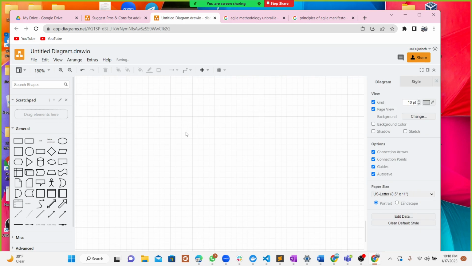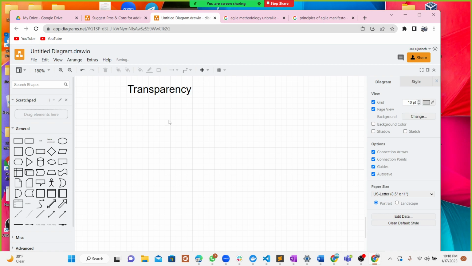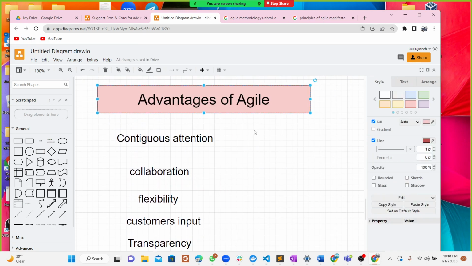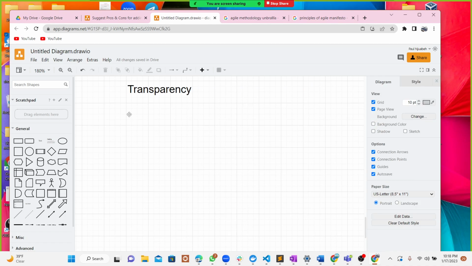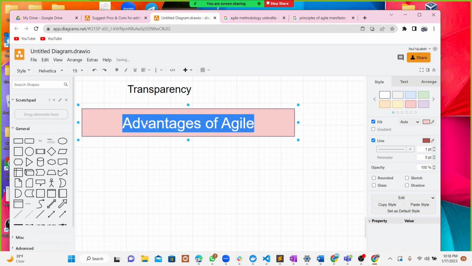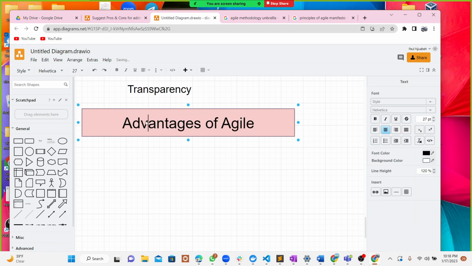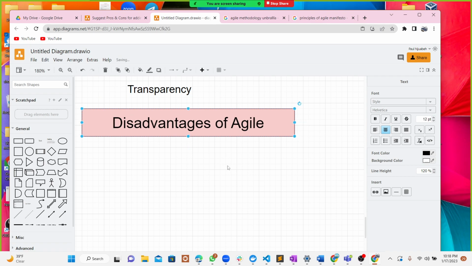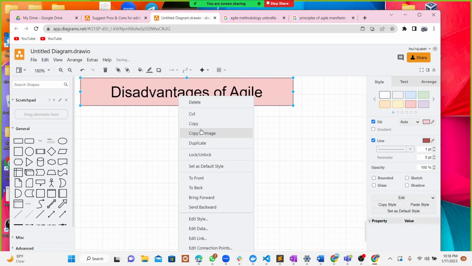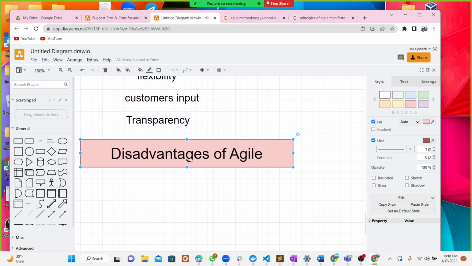Now, away from these good advantages, there are also disadvantages of Agile. The first disadvantage is that sometimes customers do not even know what they want.